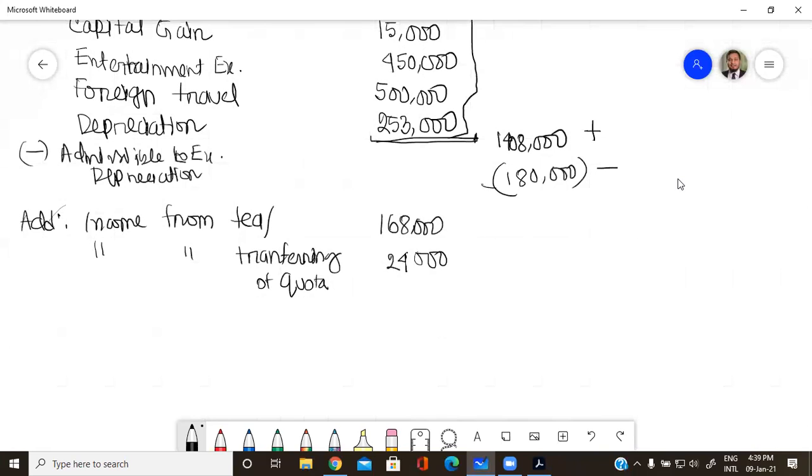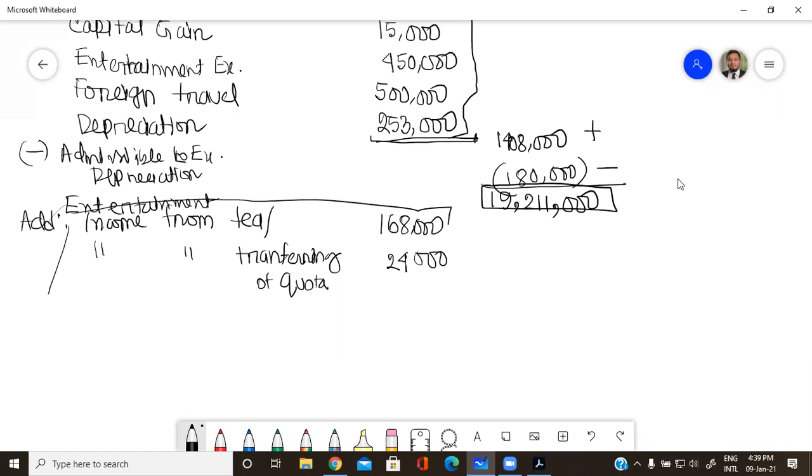Mention the figure you are getting. 19,211,000. Now, based on this number, you need to calculate how much expense is allowable for entertainment. This should be added separately. So this is the procedure.